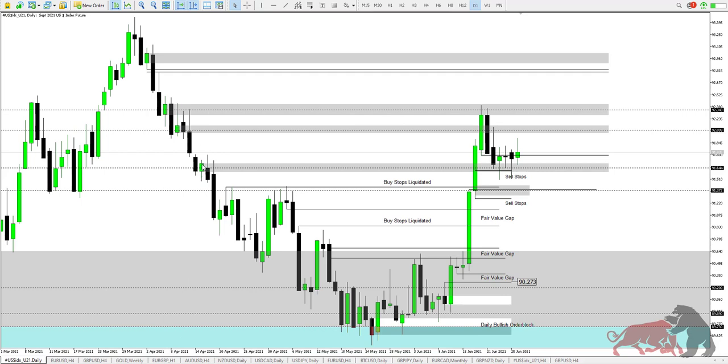Because that's the main threshold of this old bearish order block, which price broke to the upside. You can see we've got a bullish breaker here, and the price is finding support right at the 50% mean threshold of this bullish breaker.